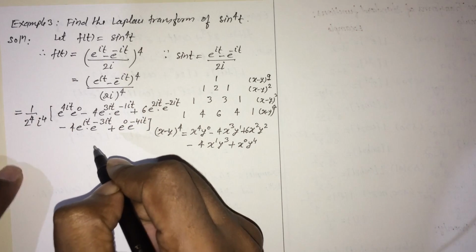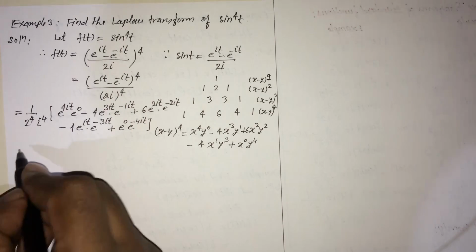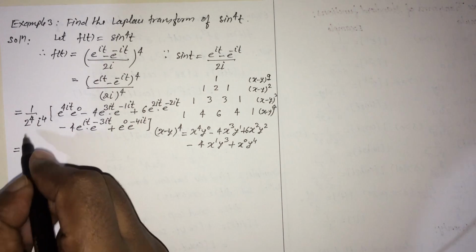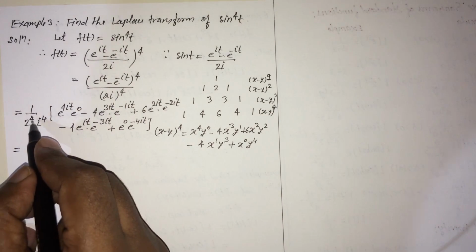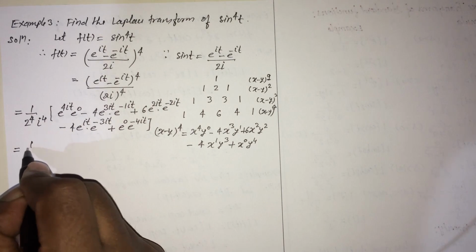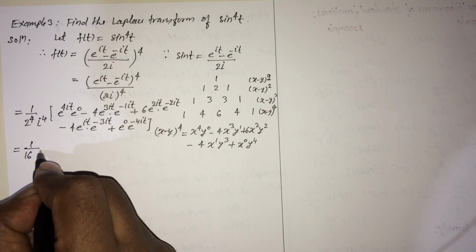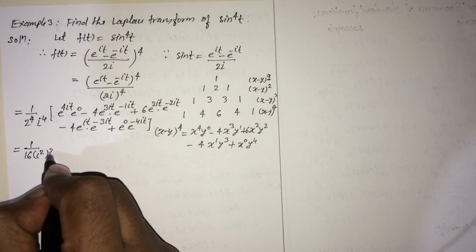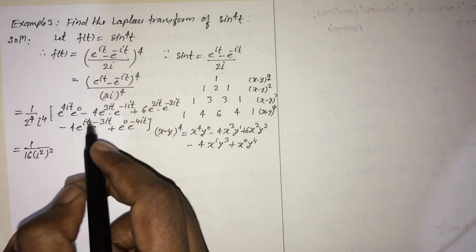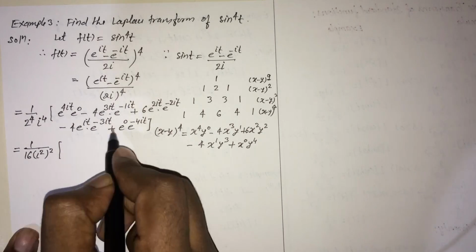Now close the bracket. Now simplify this, and this is equal to 1 upon 2^4, that is 16, and i^4 can be written as (i^2)^2, and simplify the bracket.